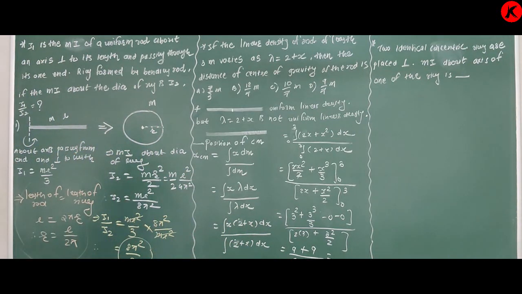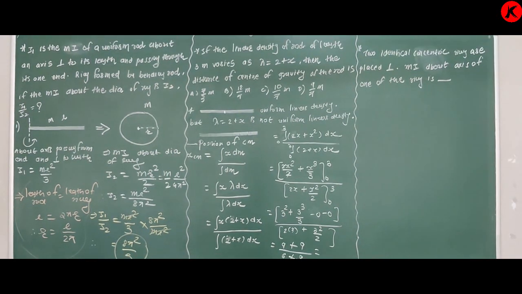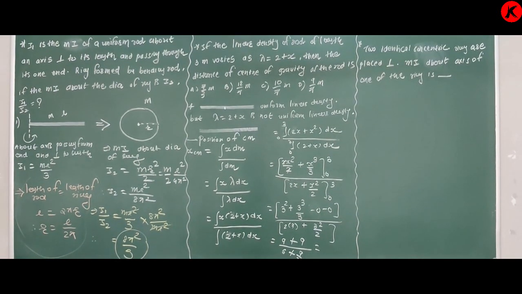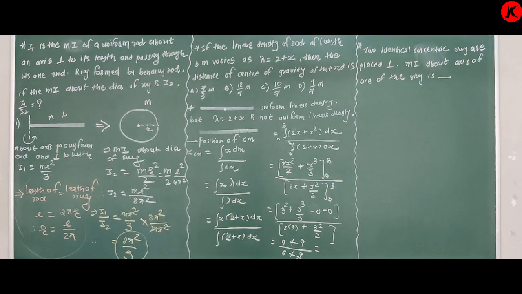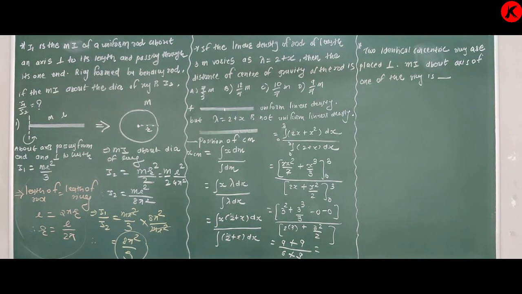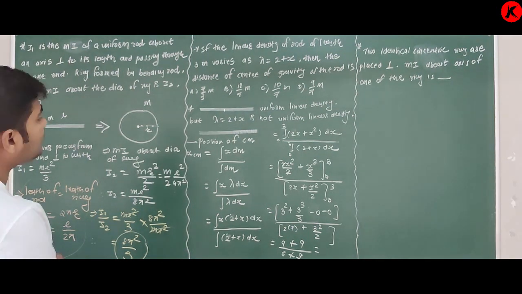Clear? So yes, it is one different type of question that we have observed. If you are given linear mass density, then how to solve such a question? Similarly, there are some questions possible with surface mass density and volume mass density.